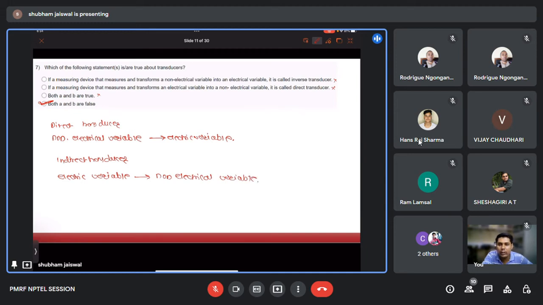So based on the definition of direct and indirect transducer, we can easily answer this question. That is, both the options are false.